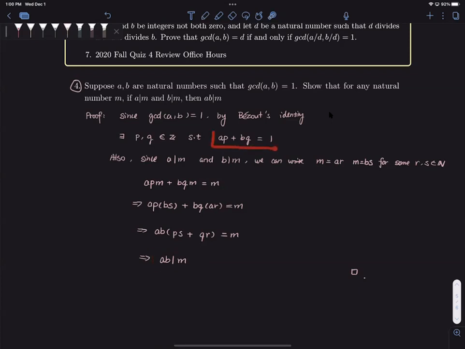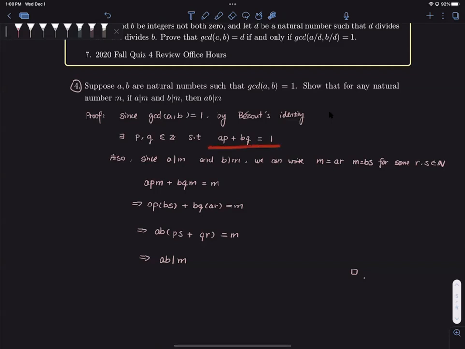I have an equation here. I have A and B, but I don't have M. Can you guys hear me? That's why I multiply by M to add my M there. Does that make sense? I'm just trying to make M be in my equation.